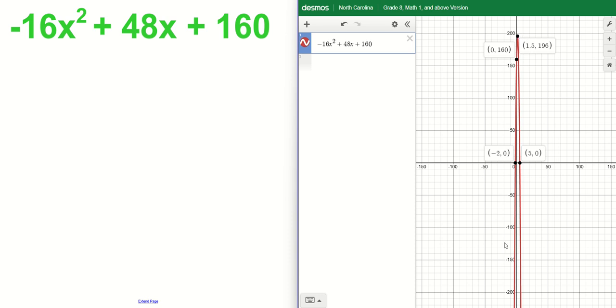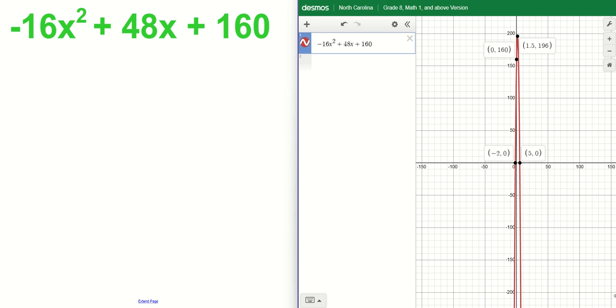So in the case of this problem, this is one I put the negative 16 in front, so this would be like a ball being thrown kind of thing, right? What's the highest point or the highest the ball reaches? What's the maximum height here? Yeah, 196. The vertex tells you the maximum height.